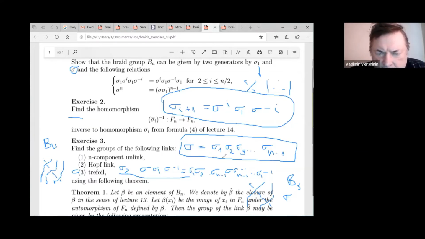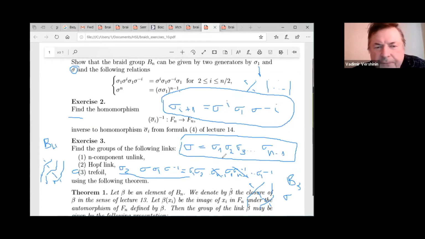And in the middle, sorry, I forgot to write sigma 1. This is very essential. Look now that all these guys commute with each other, sigma n minus 1 commutes with sigma n minus 1, etc. Just for sigma 2, it is not commuting with sigma 1.